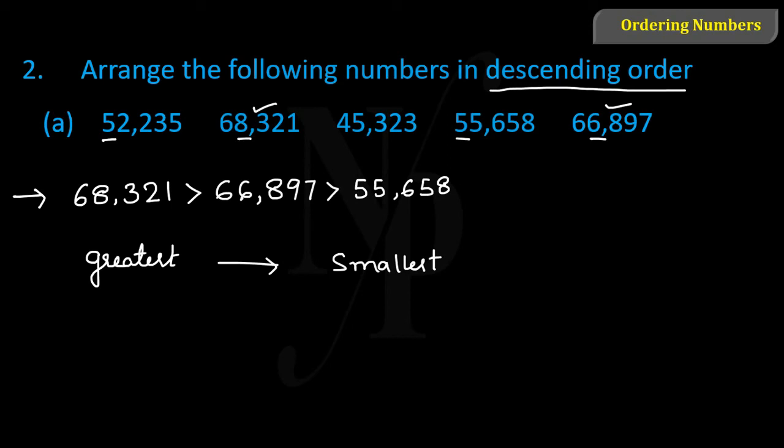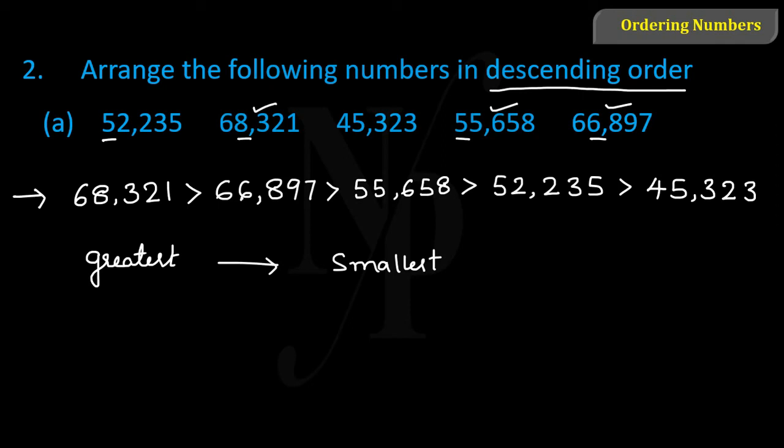And then after writing this number, 52,235 will be the next greatest number, because in the remaining last number we have 4 in the 10,000 place. So we will put a greater than symbol here, and then I will write 52,235 is greater than 45,323.